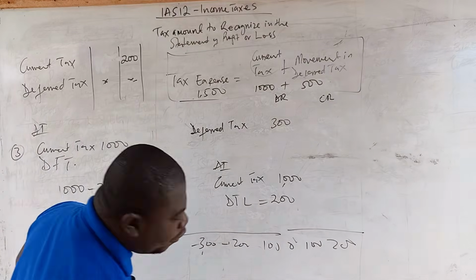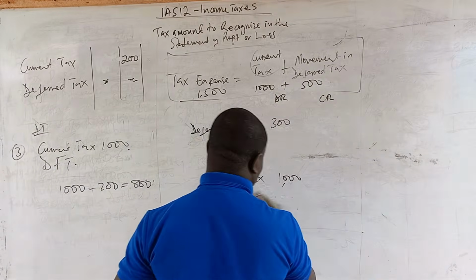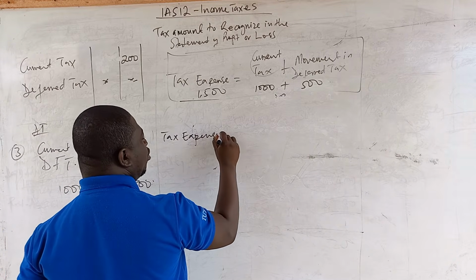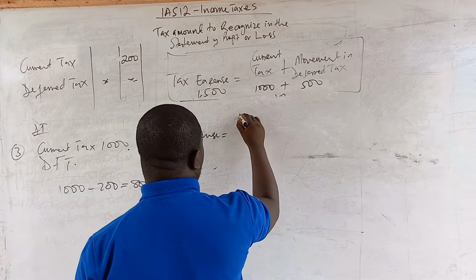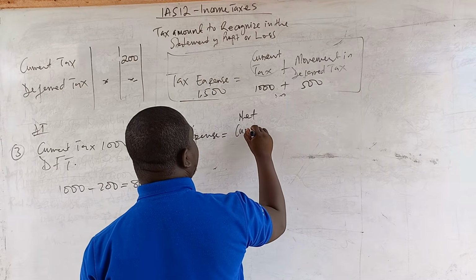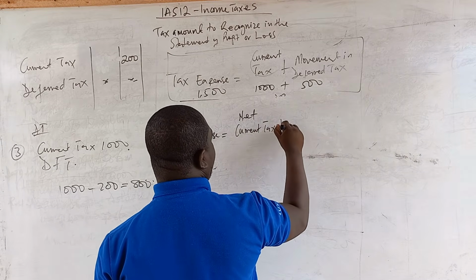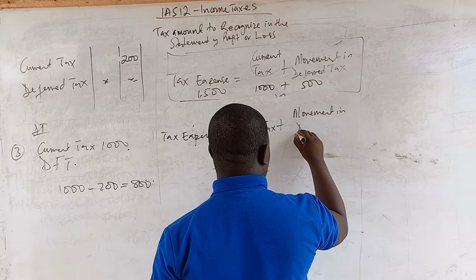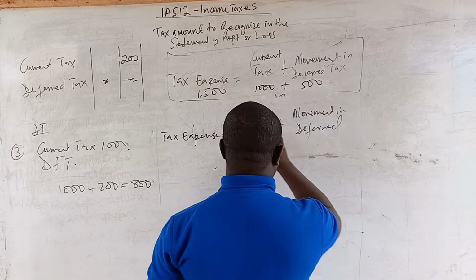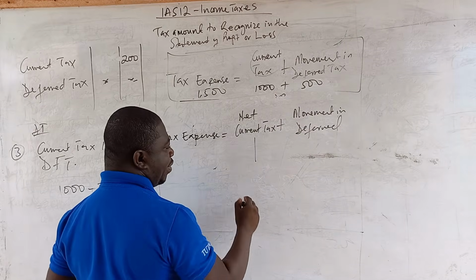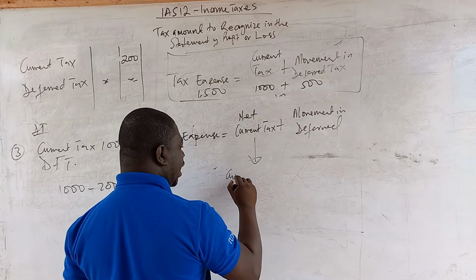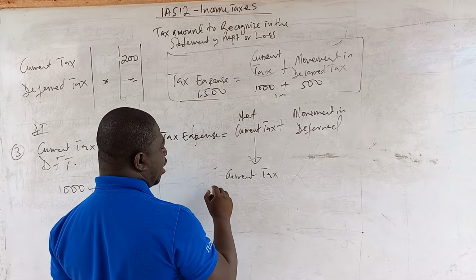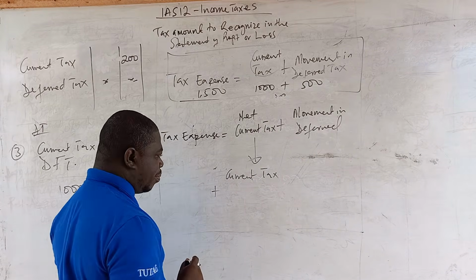Let me give you a final summary of what I'm talking about. Your tax expense to be recognized is actually your net current tax plus movement in deferred tax. And what do I mean by net current tax? The net current tax is your current tax plus or minus over or under provision.